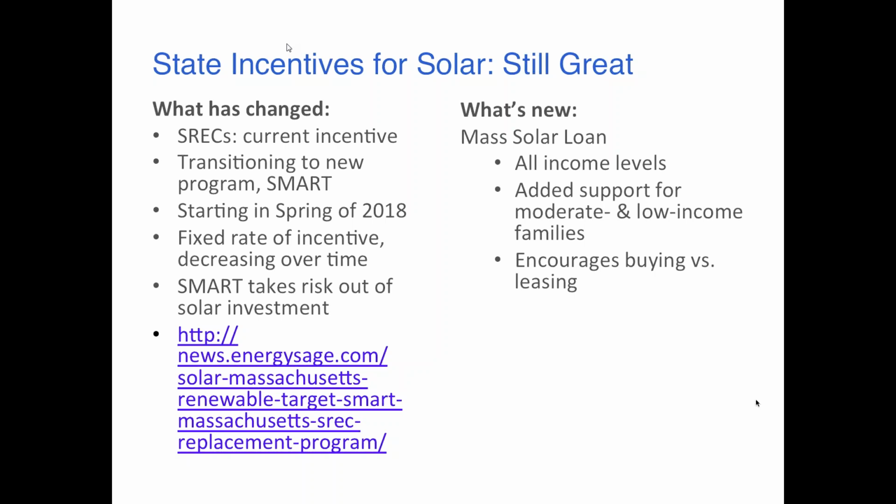You can be a millionaire and still get a Mass Solar Loan. But it has added support for moderate and low-income families. The program will actually buy down the principal as well as cap the interest rate for moderate and low-income families. So it's a program that we're really happy to support.